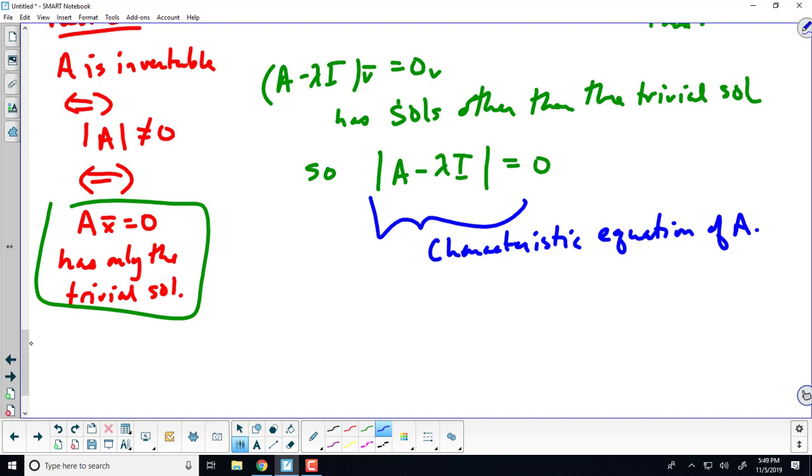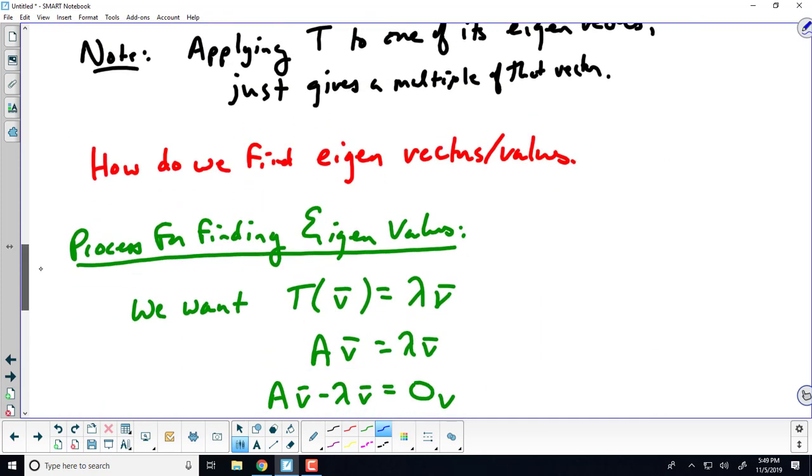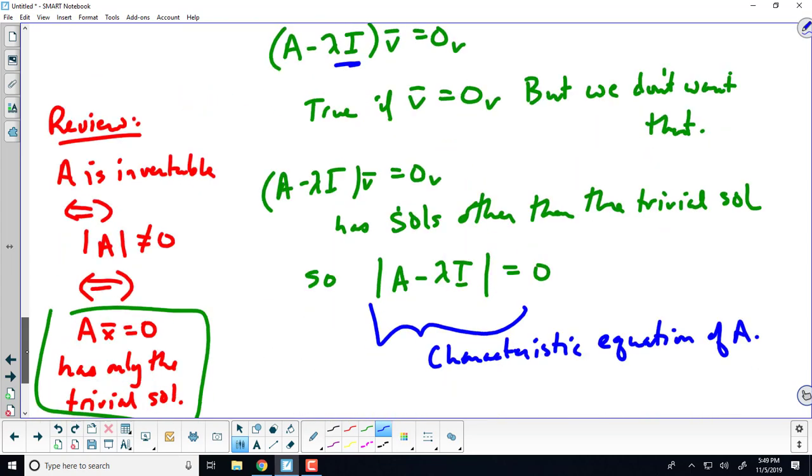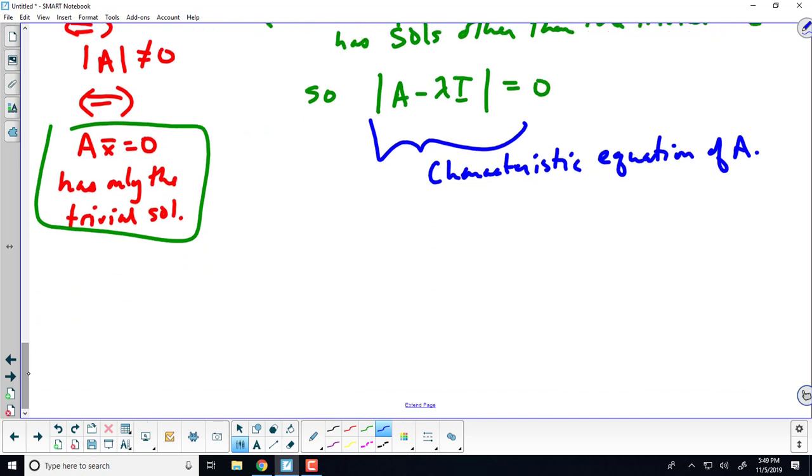Okay? But on your exam, I am going to ask you to show how we came up with the characteristic equation using this procedure. Okay. So that's our characteristic equation.